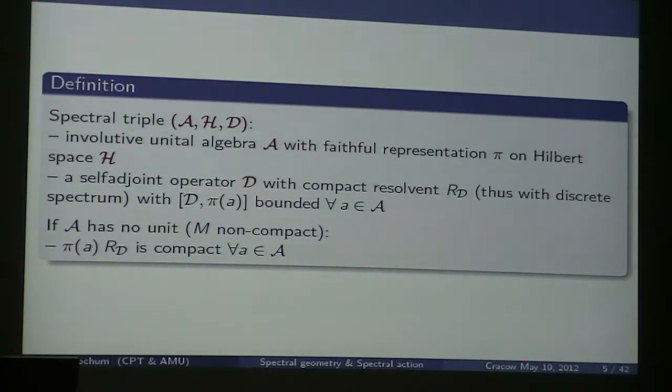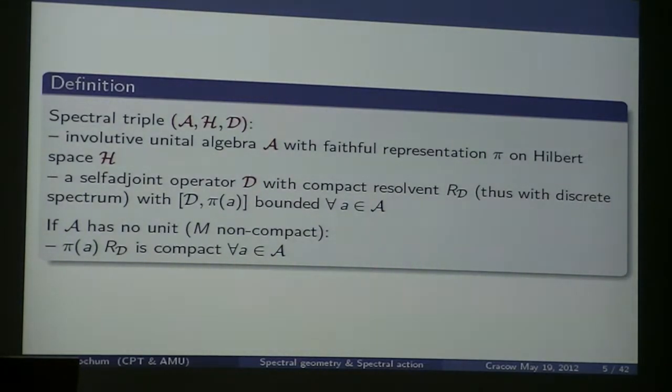All my Hilbert spaces will be separable. The second object is a self-adjoint operator D, which is unbounded a priori, with a compact resolvent. The essential consequence of this is that it will have a discrete spectrum. And you assume only that the commutator of an element in the algebra with D is bounded.